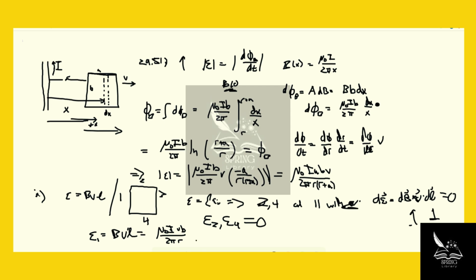We can do the same thing for E3 and it'll come out exactly the same, except on bottom, instead of r, we have r plus a, because that's how far away it is. Cool.